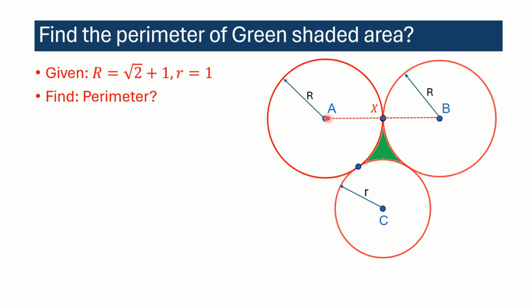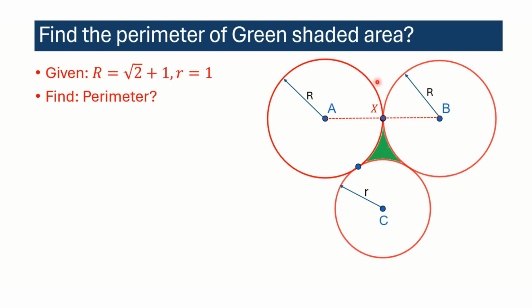Now let us connect A and B. If I join these two centers of same-size circles, this line will pass through the point of contact, or the point where these two circles are touching. This can be proved. If these two circles are touching, there will be only one common tangent.